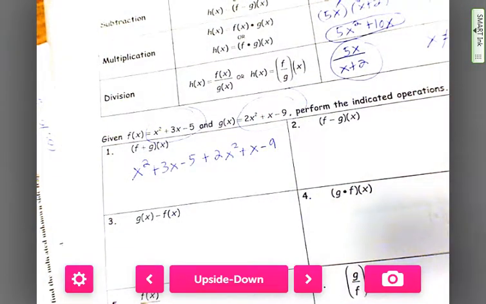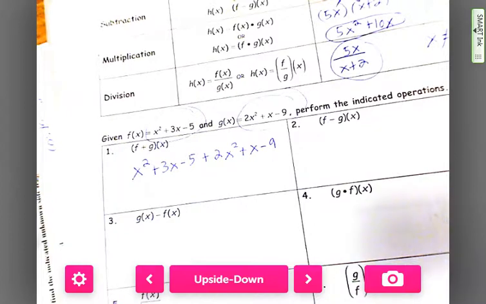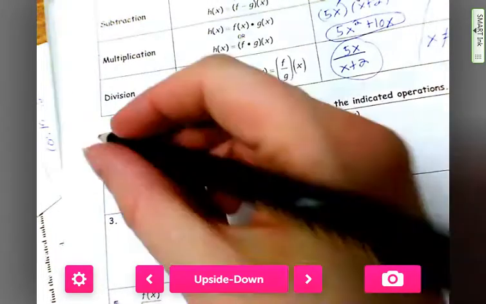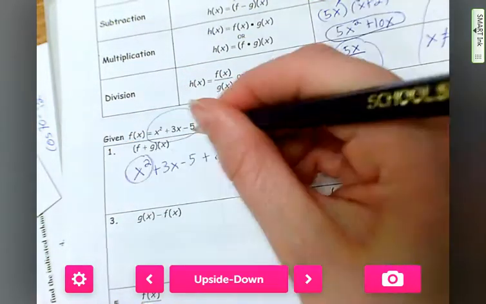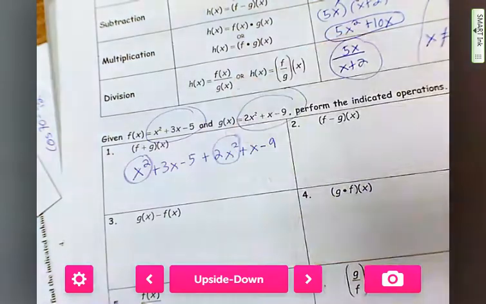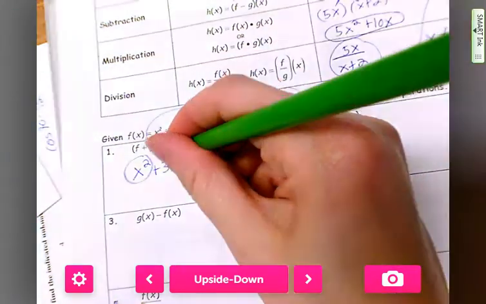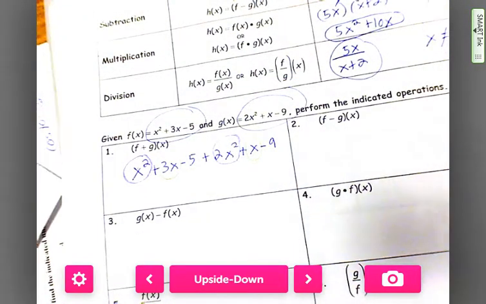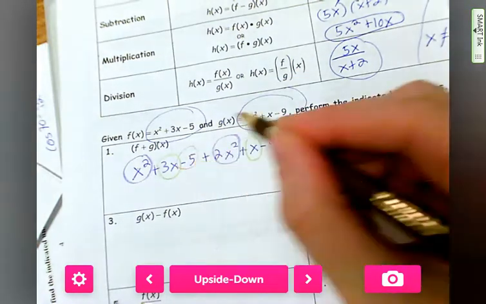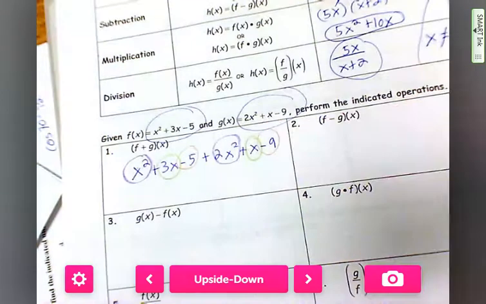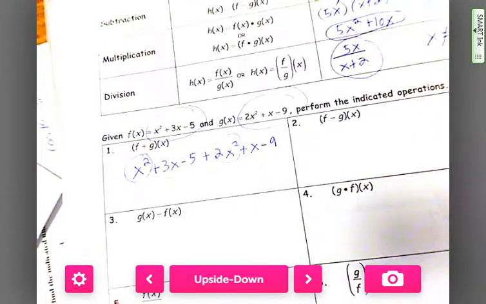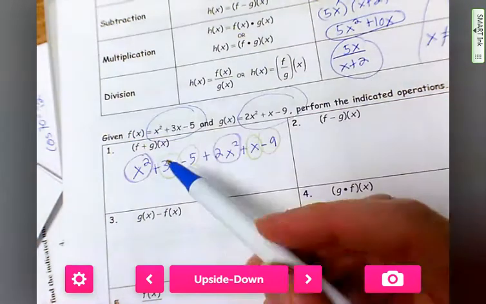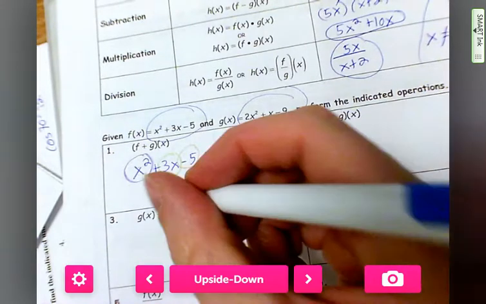All right, so now we're just going to combine like terms. Sometimes I like to use a different colored pencil to show you guys. These are like terms, right? These are like terms. And then these are like terms. Just make sure whatever sign is in front of them, that's the one you use. So if it's negative, make sure it stays together. So I'm going to add the purple ones first. x squared plus 2x squared is 3x squared.